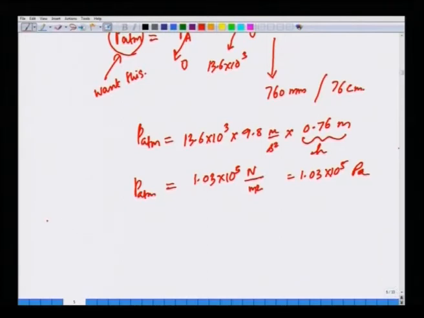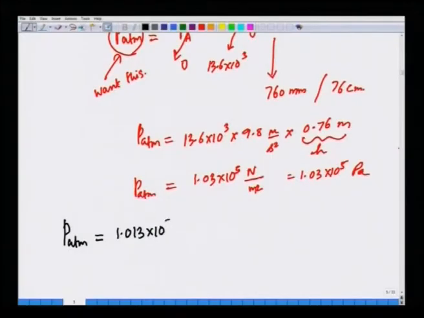In several textbooks or even handbooks, atmospheric pressure is denoted in SI units as 1.013 times 10 to the 5 pascals, or it is written as 760 mm Hg, because that is the height of the mercury column that rises to counterbalance atmospheric pressure.